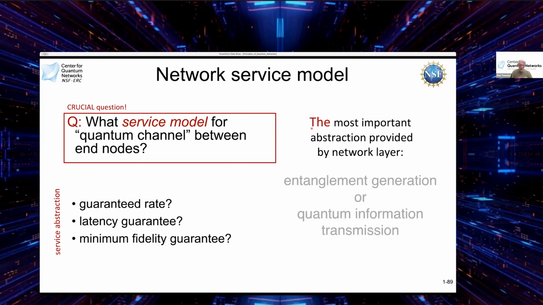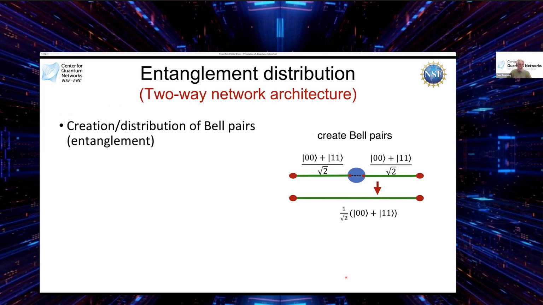And it turns out in the context of quantum networks, the choice is between an entanglement generation service, where you're just generating and distributing entanglement between pairs of end nodes, or a service where you're essentially transferring quantum information from a sender to a receiver. Those are the two most important services to consider in the quantum network.